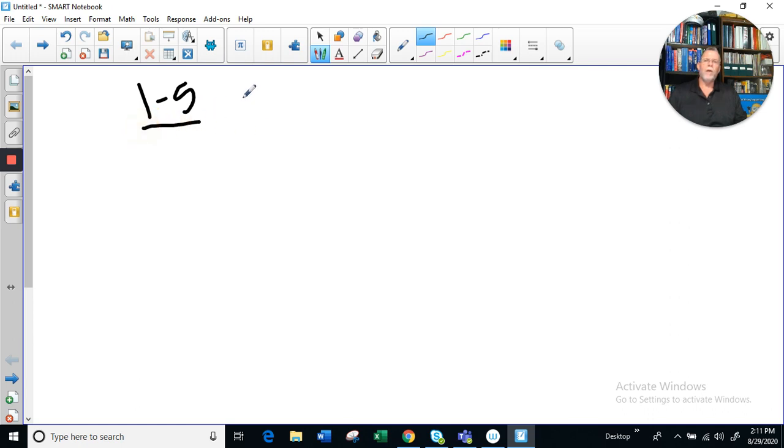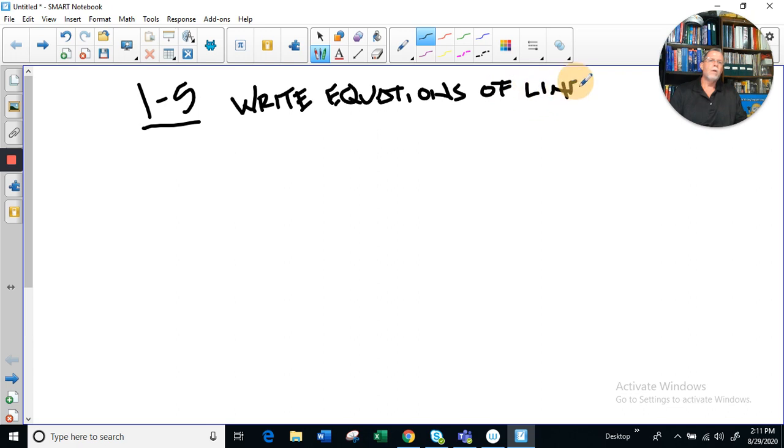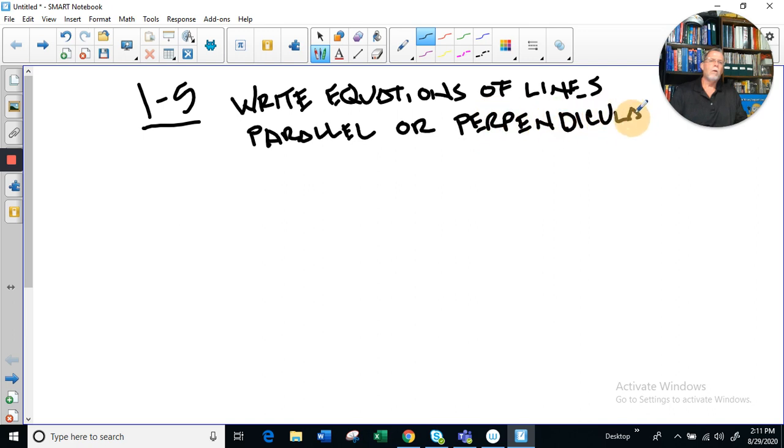That is 1-5, and we are going to look at how we write equations of lines parallel or perpendicular to a given line. So that's our objective today. We're going to try to get to the ability to do that.